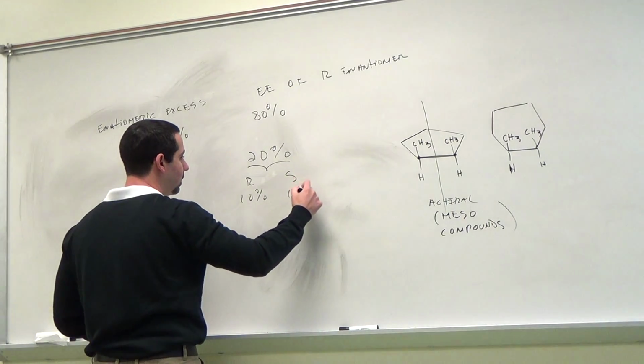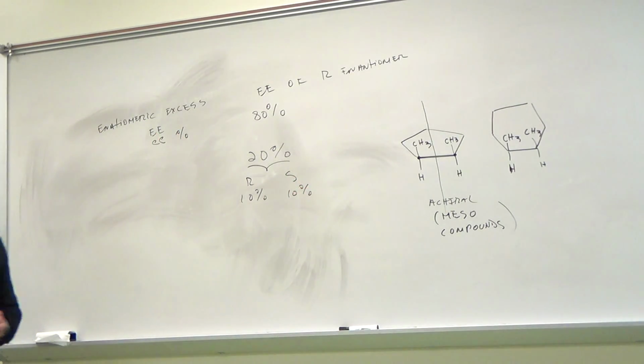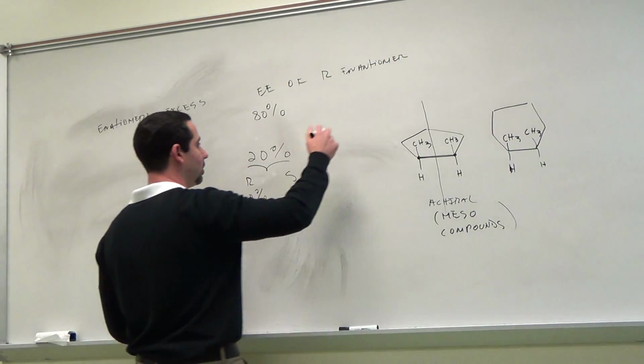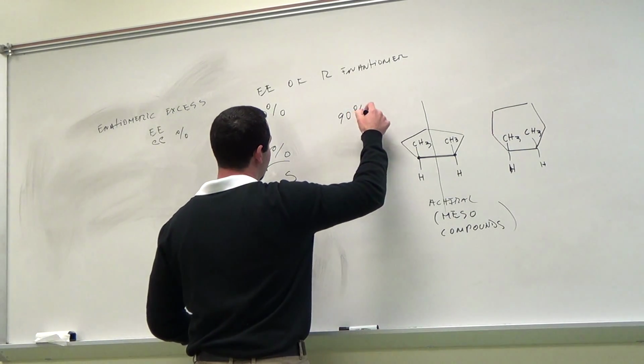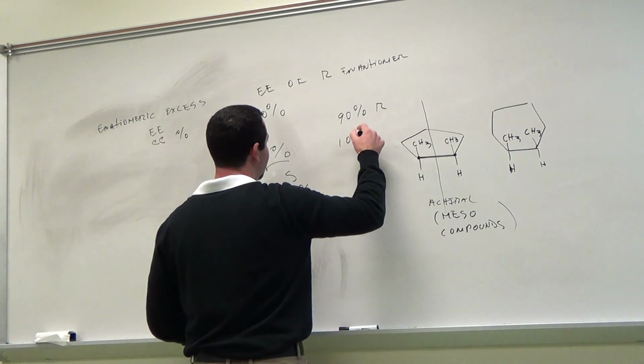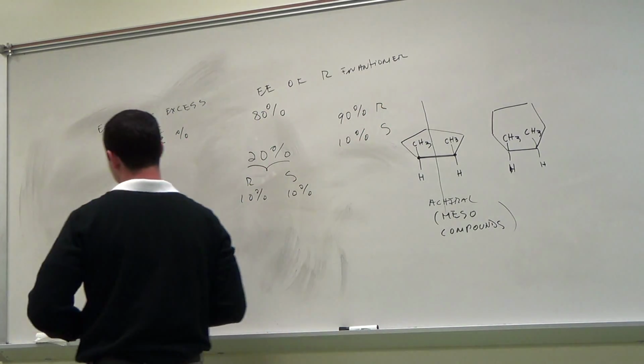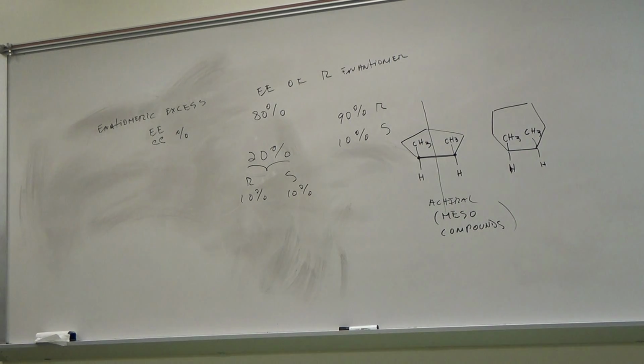And this 10% is S. So in reality, how much R do you have? 90. You have 90% R, while you have 10% S. You need to understand what that means.